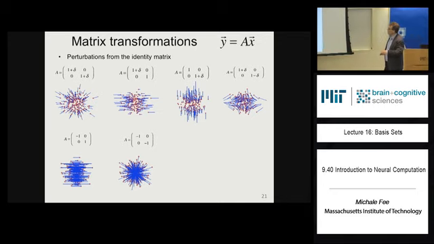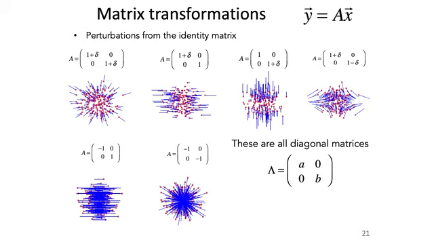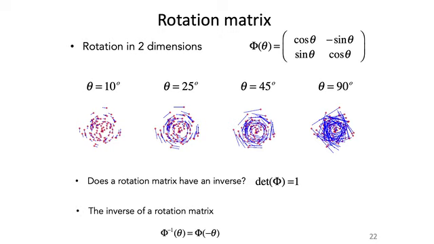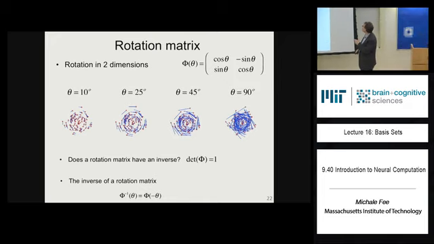We talked about reflections and inversions through the origin. These are all transformations that are produced by diagonal matrices, and the inverse of those diagonal matrices is just 1 over the diagonal elements. Okay, we also talked about rotations that you can do with this rotation matrix, and you compute the inverse of a rotation matrix simply by computing the rotation matrix using the negative of the rotation angle. Okay?